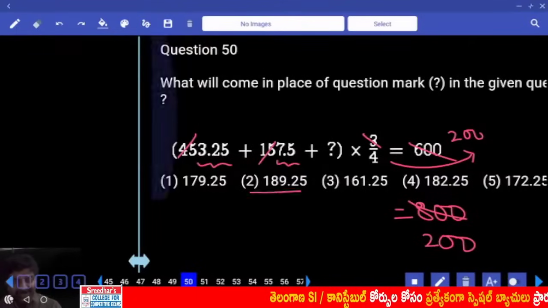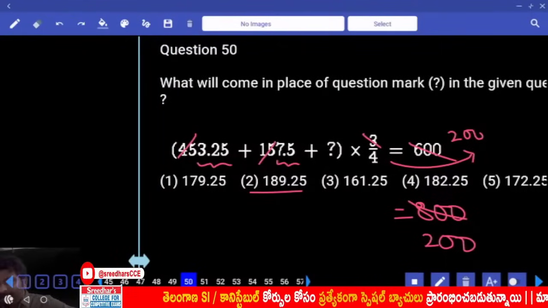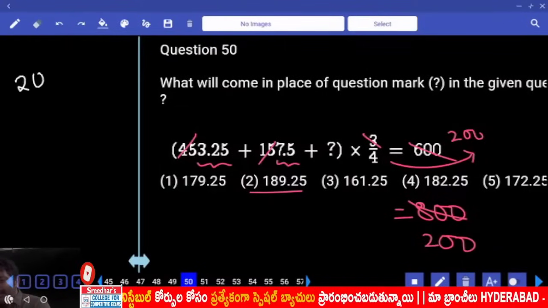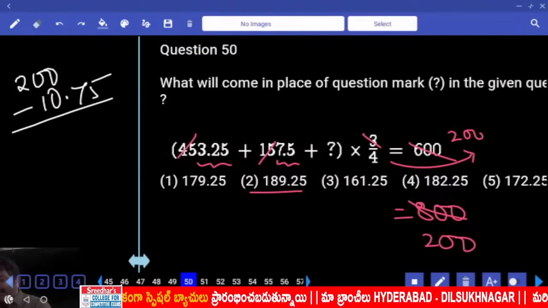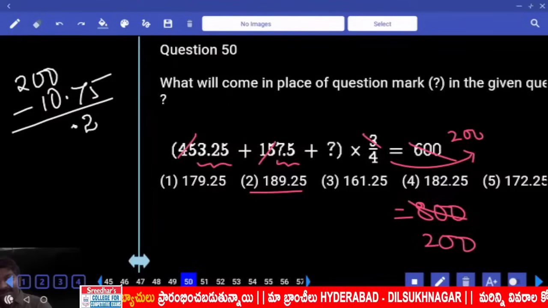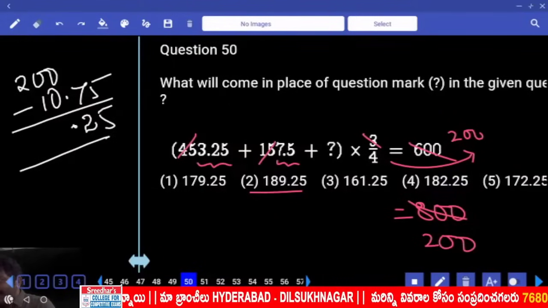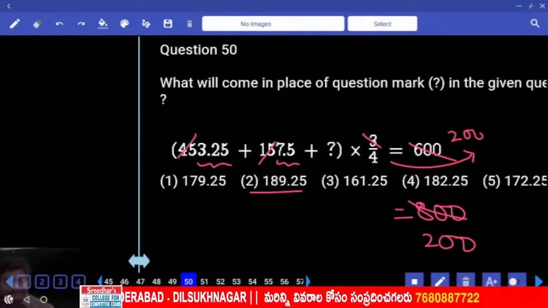Answer will be 189.25. Got it? This entire number also you don't have to calculate. How much are we subtracting? 10.75. See, when you subtract 0.75, answer should end with 0.25. 2 options are there. 200 minus all right.